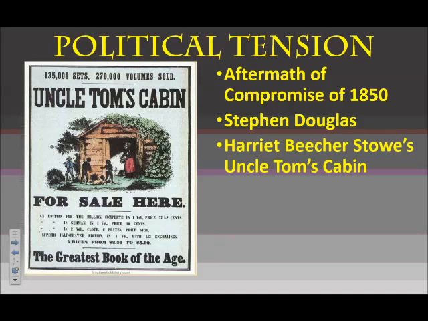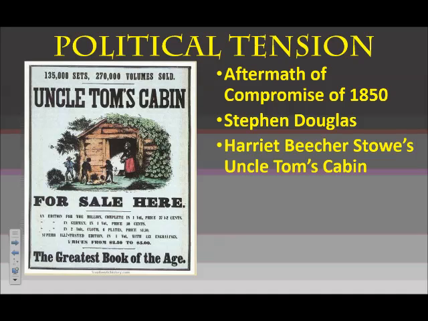Stephen Douglas, after the Compromise of 1850, is interested in not only benefiting the country, because as a Whig, they're looking at national policy, but he's also going to be interested in benefiting himself. And we'll see in a moment why this becomes so important in relation to what happens with these new territories.